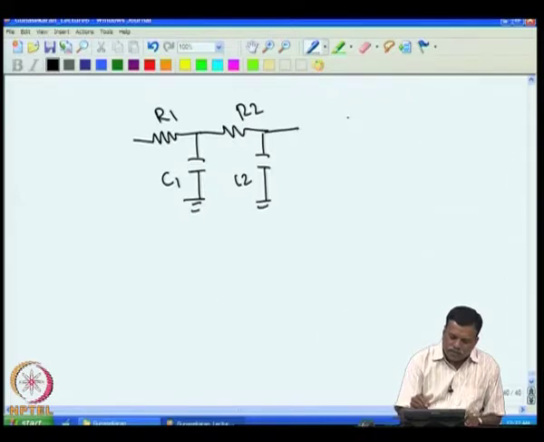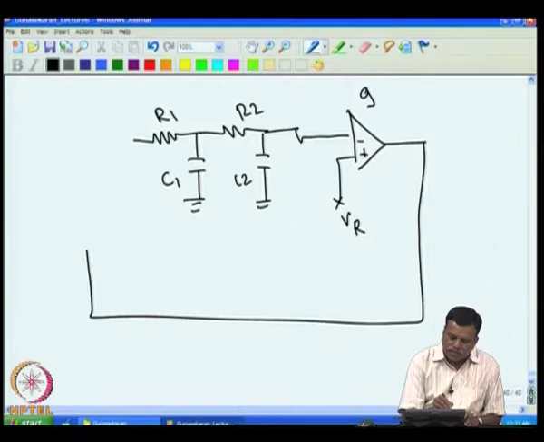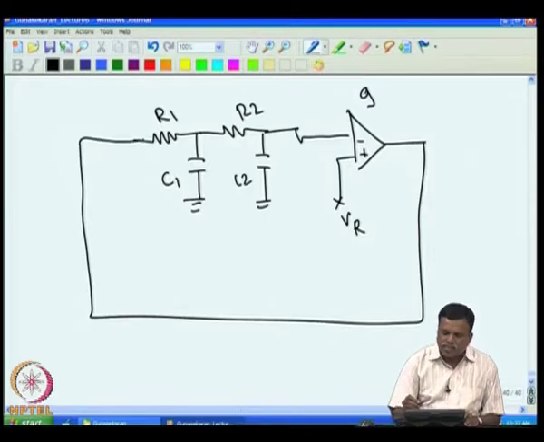Now, I put here the system with some gain G with the reference V reference. This is where we want to set the temperature, and this I give back to this. Consider a system like this.